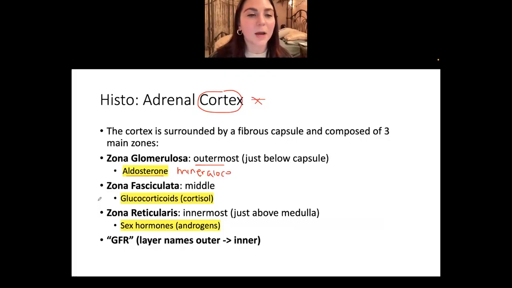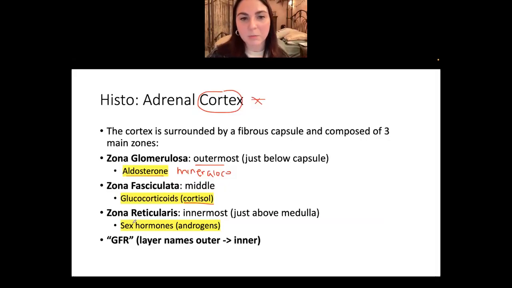The fasciculata produces glucocorticoids, and the most important one is cortisol. And then your zona reticularis is going to produce your sex hormones, specifically the androgens. Again, we're talking about steroids, so think testosterone. There's very little estrogen that gets produced by the zona reticularis.